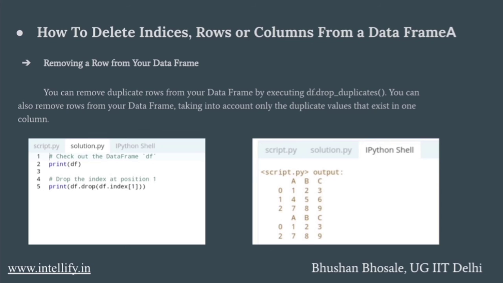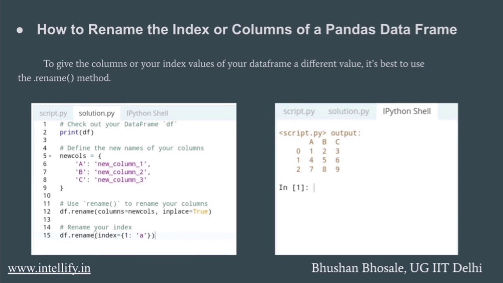Let's take a look at the code. The 5th line says df.drop(df.index[1]). All right, and you can see in the code later that the row with label 1 has been dropped, or removed.